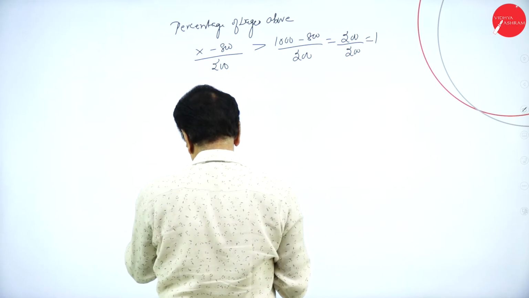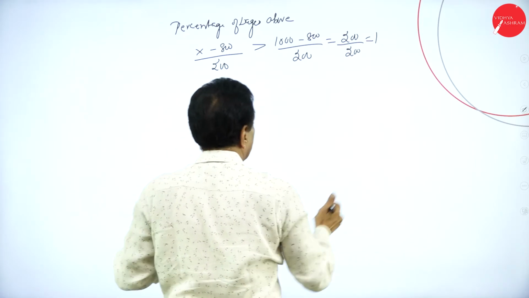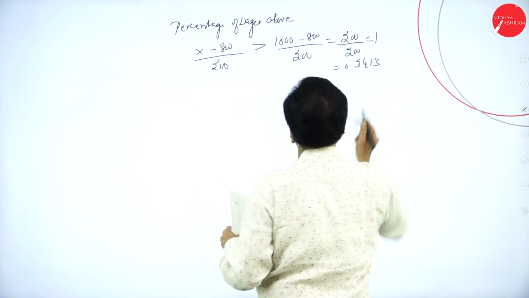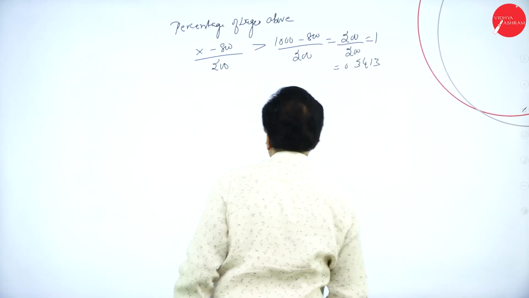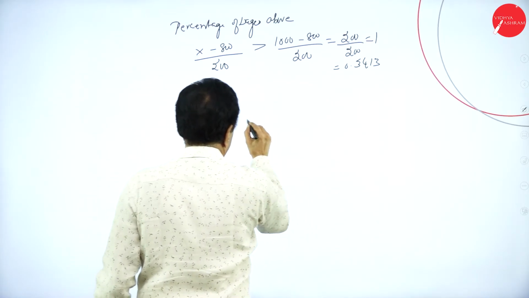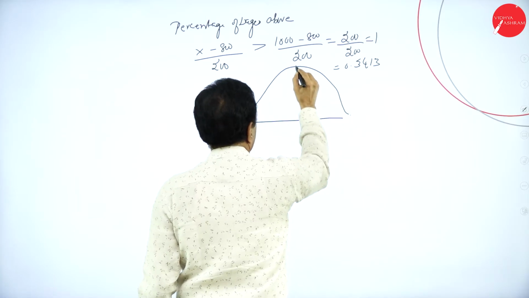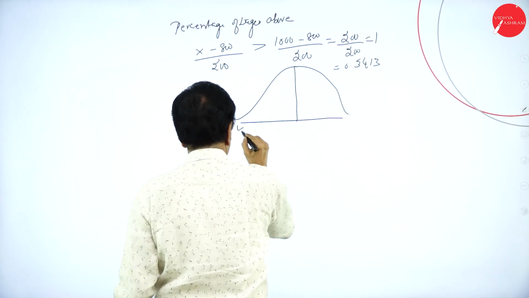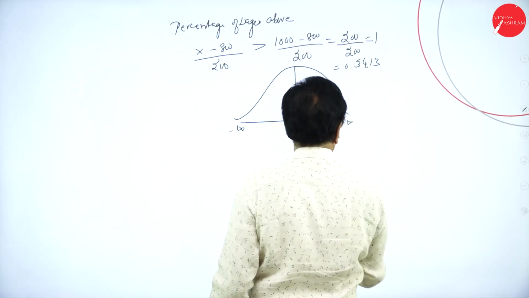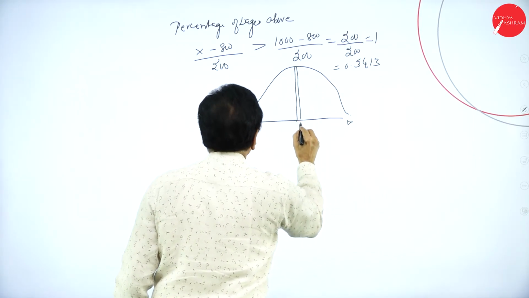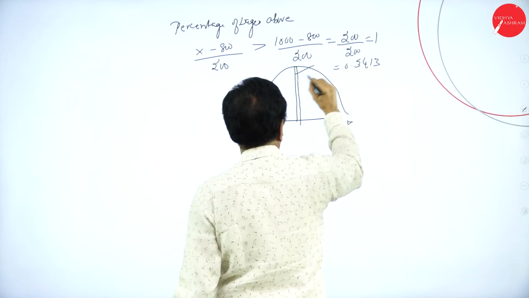Find out the value of 1 here. 1 is equal to 0.3413. Minus infinity to positive infinity. Your value is 1, more than.